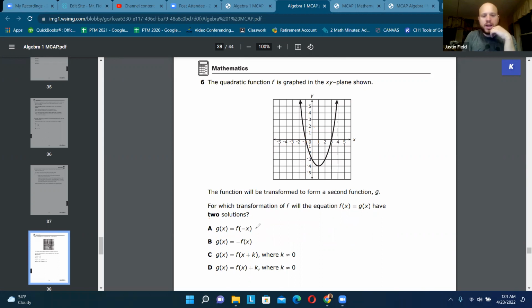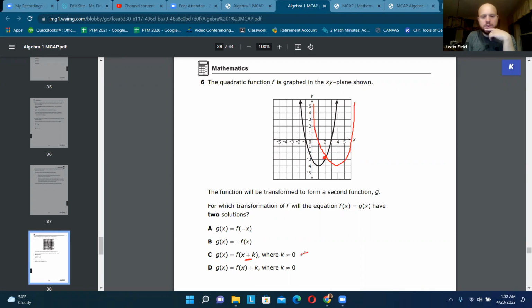But I want to show you that this one, where we reflect over the y-axis, is going to make a graph like this. And they only intersect once. And this one, where we're shifting in a direction, so we take this and we shift it in any direction, then it's only going to intersect once.